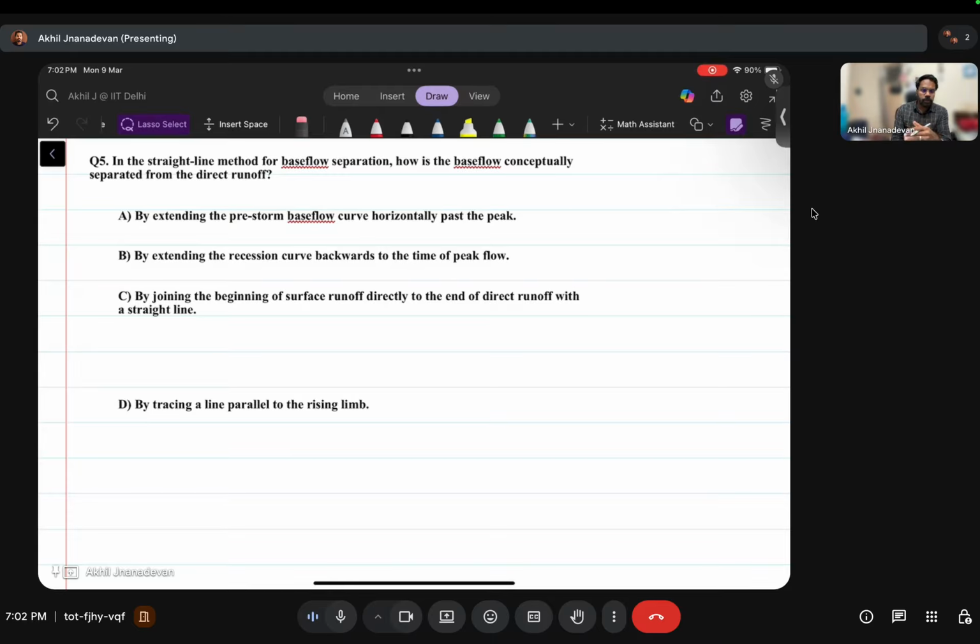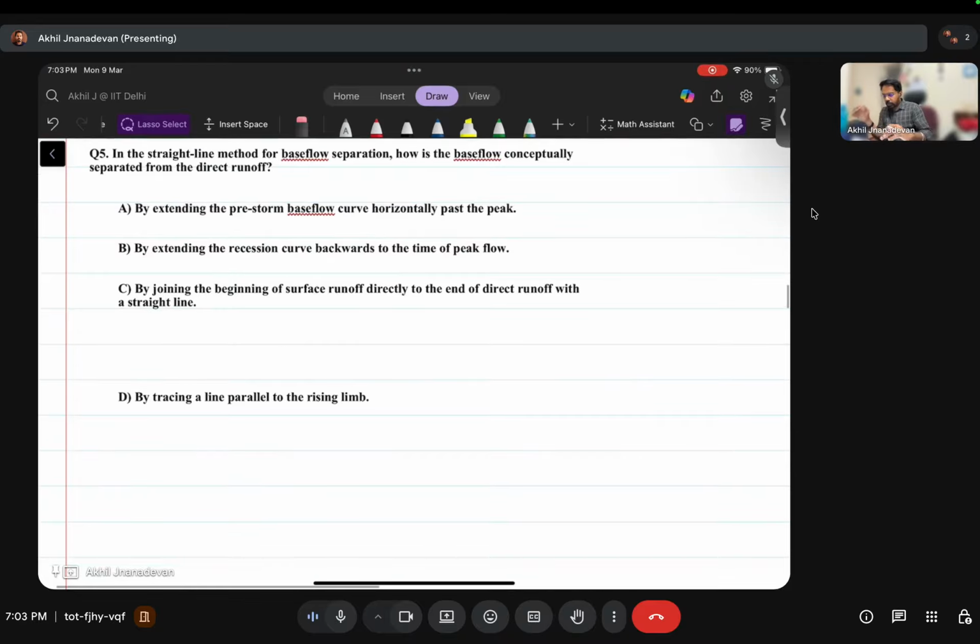So even after the storm is occurring, more and more base flow may increase, and more water will be generated, right? So we need a technique to separate this base flow contribution from the actual direct runoff, right? So that we'll be looking into in this particular question.